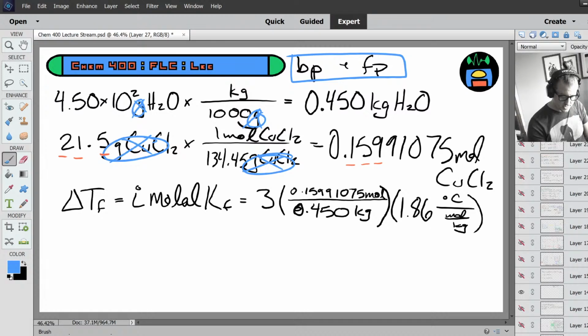When you look at your units, kilograms cancel, moles cancel as well. And so now let's crunch our numbers.